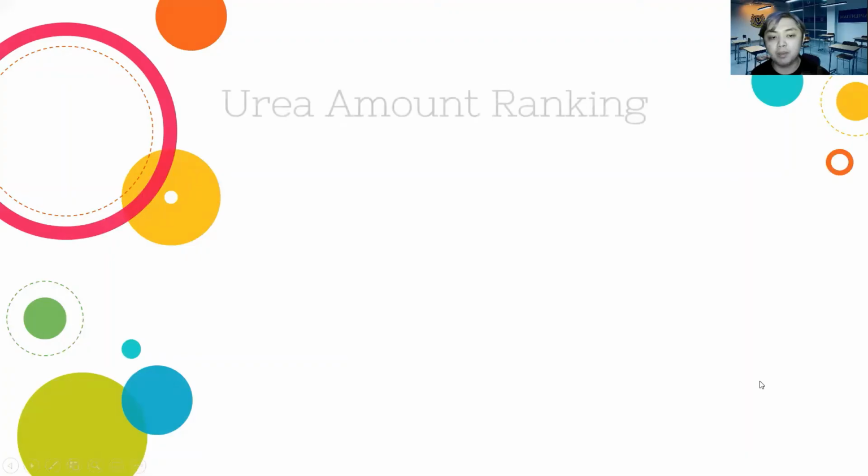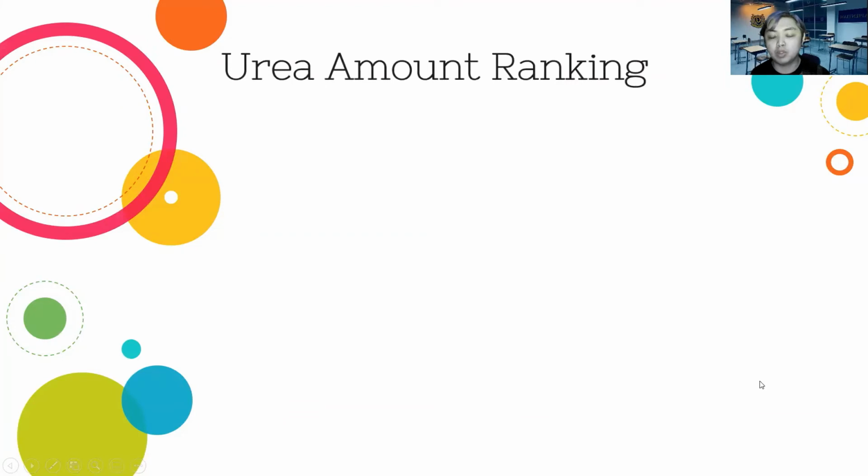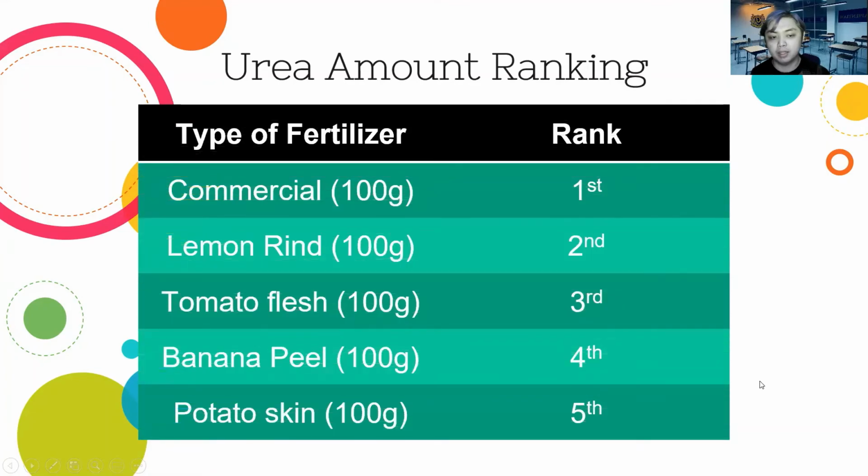For example, if we are going to rank different materials based on their urea amount, let's say we have 5 types of fertilizer: commercial fertilizer, lemon rind, tomato flesh, banana peel, and potato skin, and we get samples of 100 grams for each type of fertilizer.